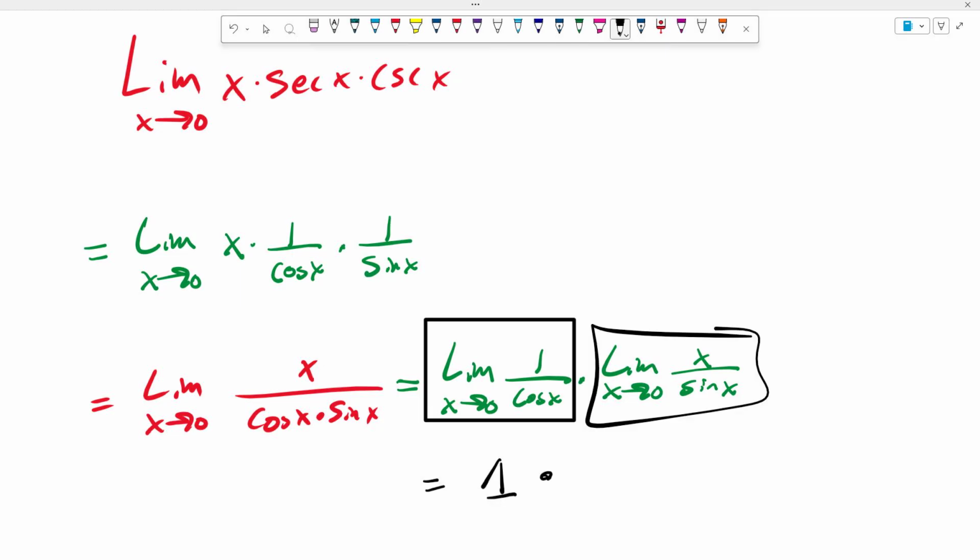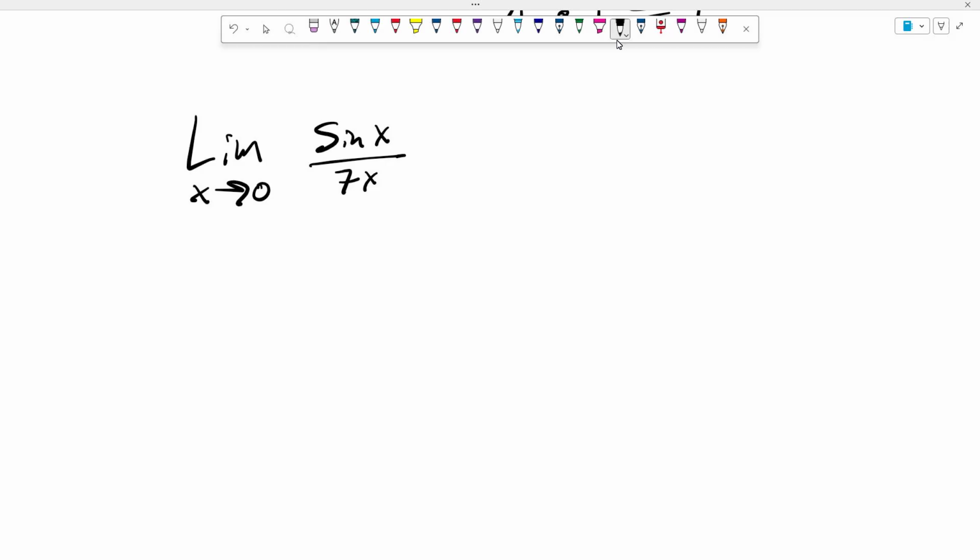So the trick is just change all trig functions in terms of sine and cosine. So here it's not sine of x over x, it's sine of x over 7x. What can we do with that?